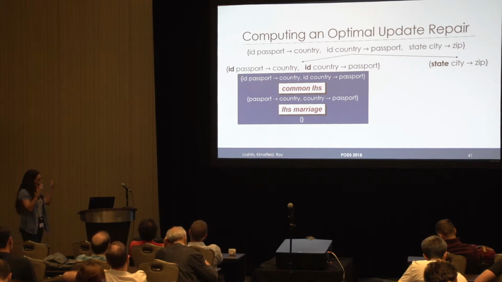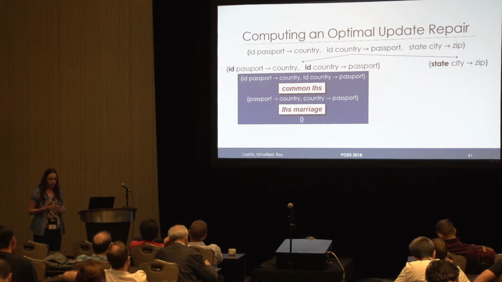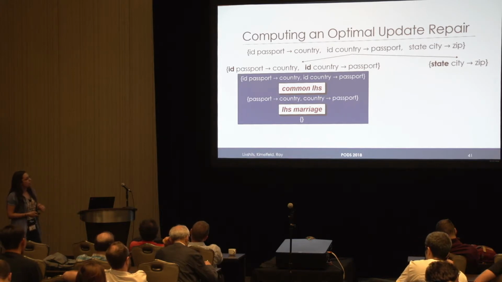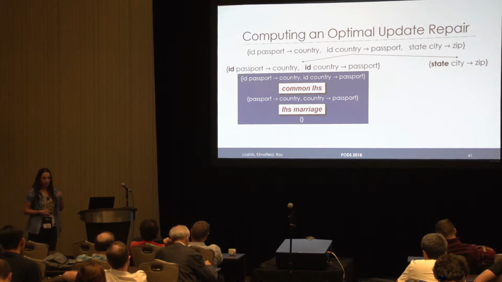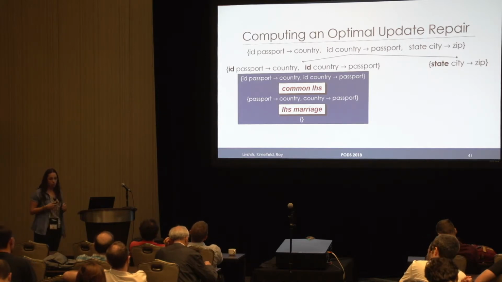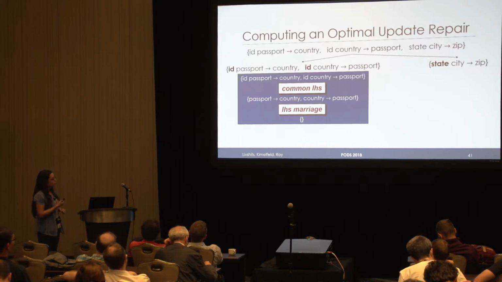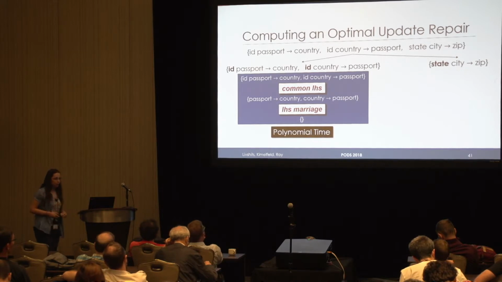And then if we remove the LHS marriage, we have an empty set of functional dependencies. Okay, so the simplify algorithm will return true, which means that we can find an optimal subset repair in polynomial time for this set of functional dependencies. And because we have this common LHS, we now know that the two problems have the same complexity, and we can also find an optimal update repair in polynomial time for this set.